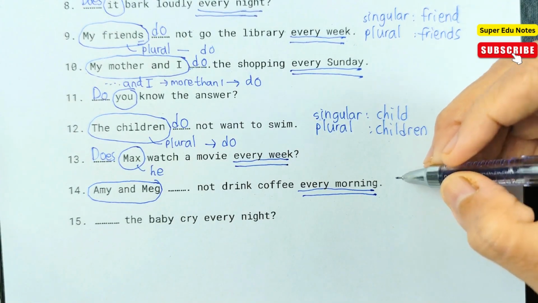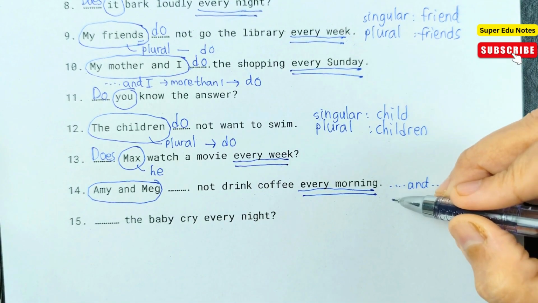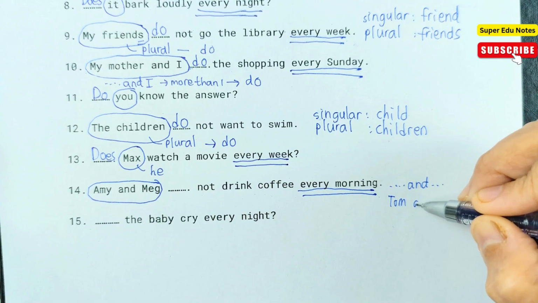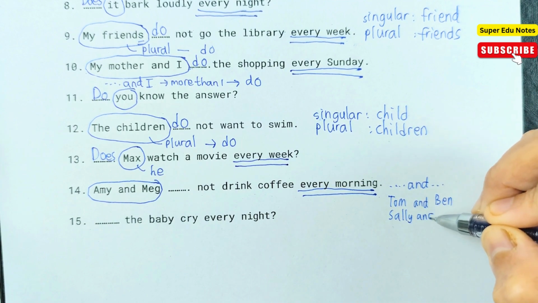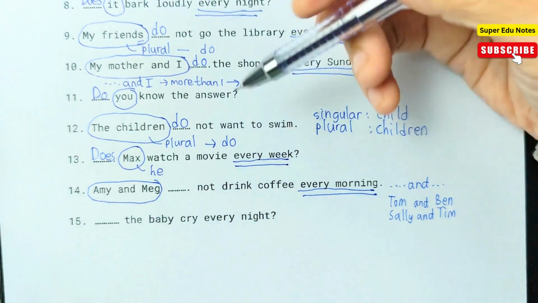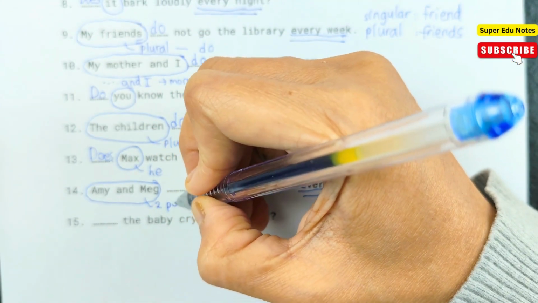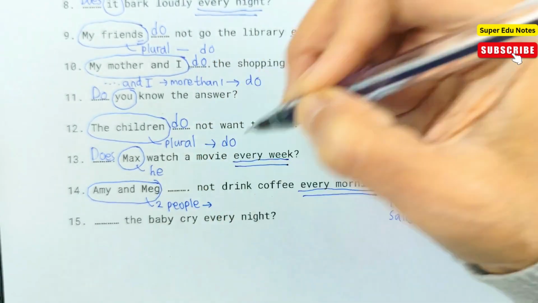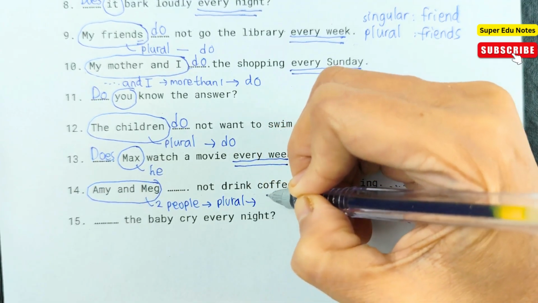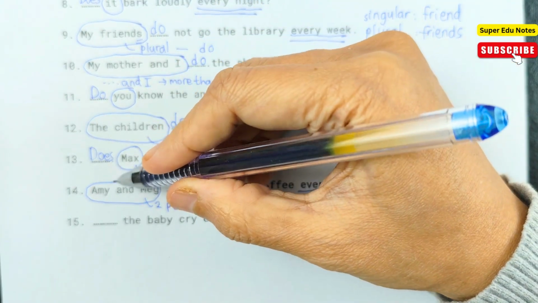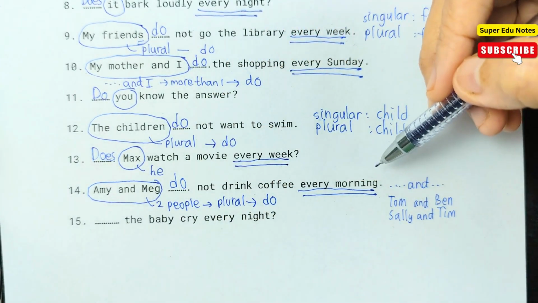So if there are two people, for example, Tom and Ben, Sally and Tim, it's plural, so we have to use do. Amy and Meg do not drink coffee every morning.